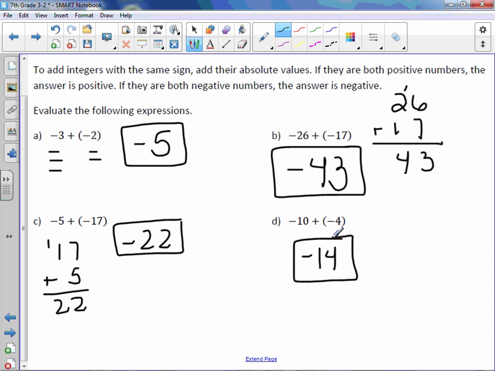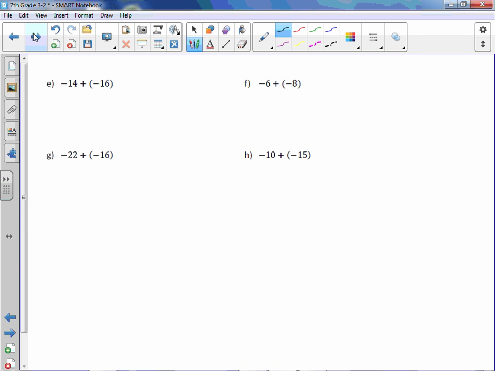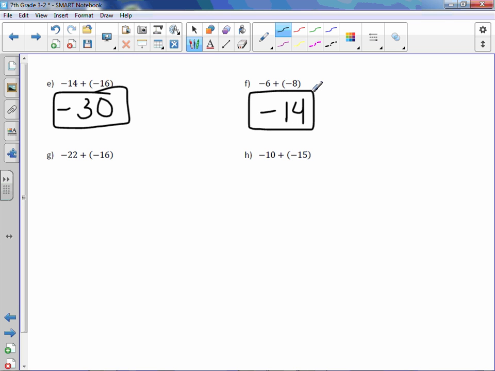So when they're the same sign, you add them and keep the sign. -14 and -16 make -30. -6 plus -8 is -14. -22 plus -16 is -38. -10 plus -15 is -25.